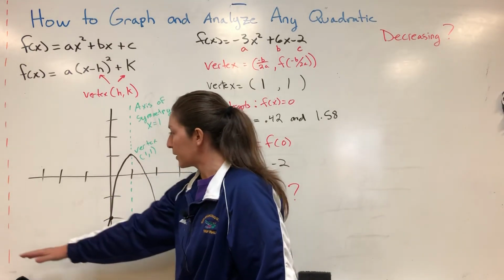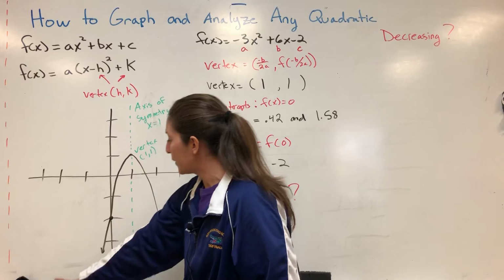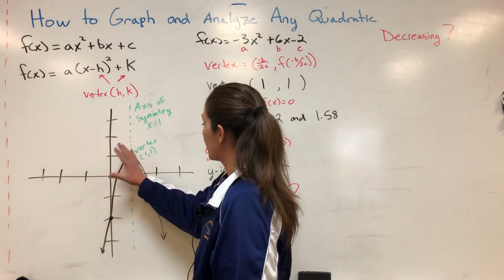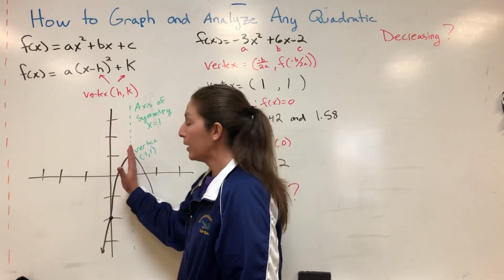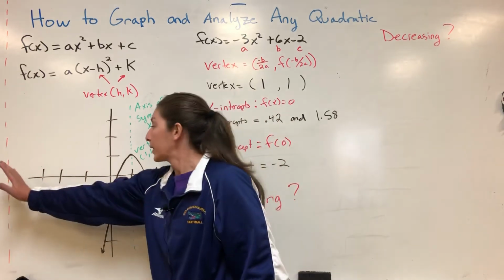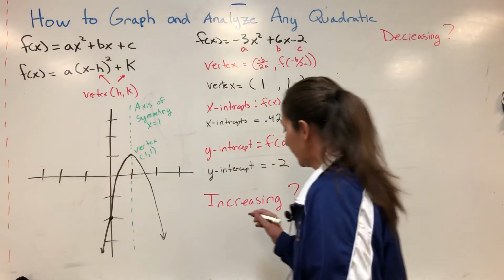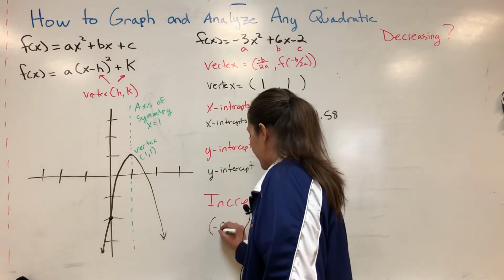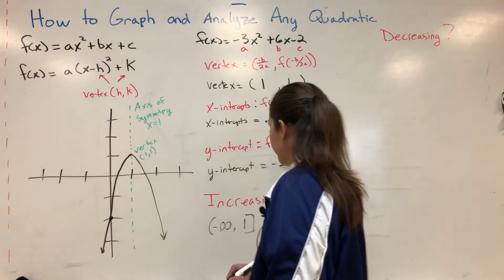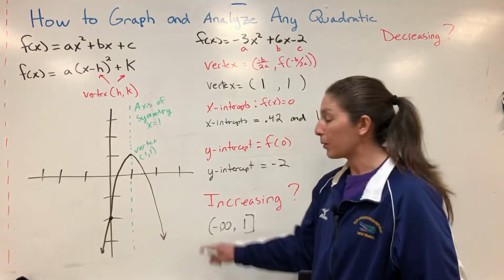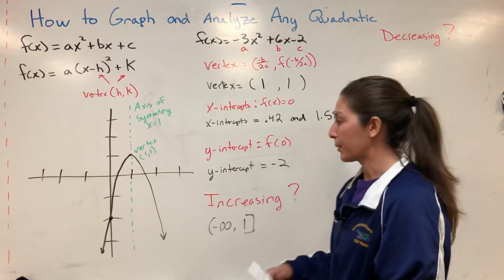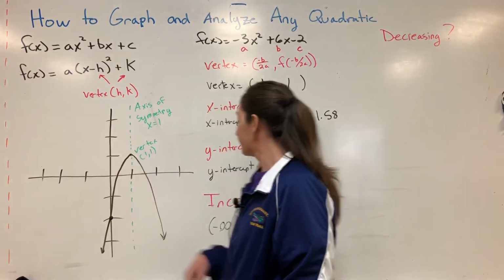My graph is increasing from negative infinity all the way up until 1, left to right. We're increasing from negative infinity to 1. Infinity always gets a curved parenthesis, whether it's negative or positive, and we're actually going to go to 1.